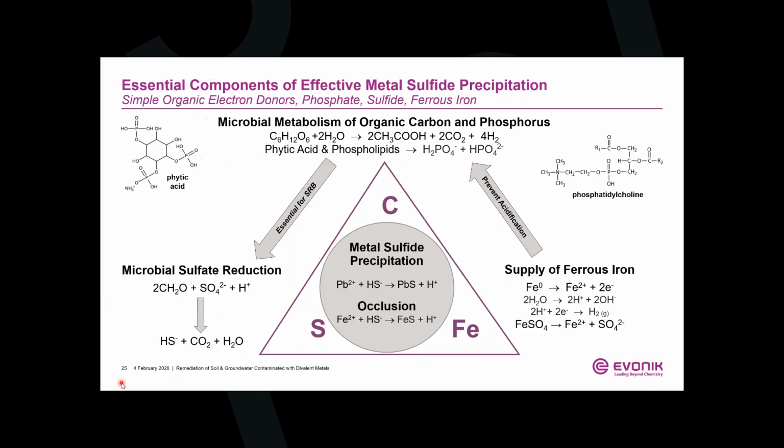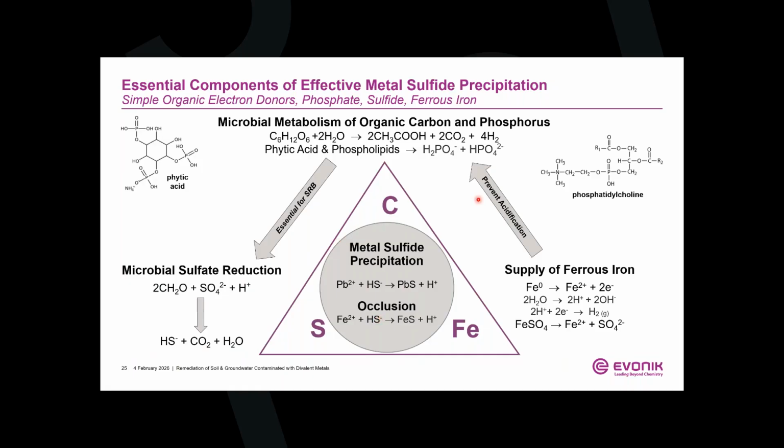And then just to reinforce everything that I've said before, looking at some data, this is the environment we're trying to create to have metal sulfide precipitation, as illustrated here, precipitating lead as lead sulfide or galena, and to promote occlusion, this continued laying down of iron sulfides on top of the precipitated contaminant, on top of the divalent heavy metal sulfides that we've precipitated.